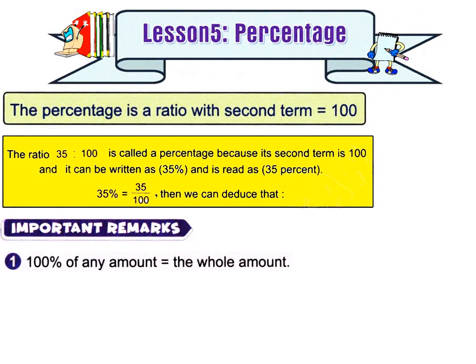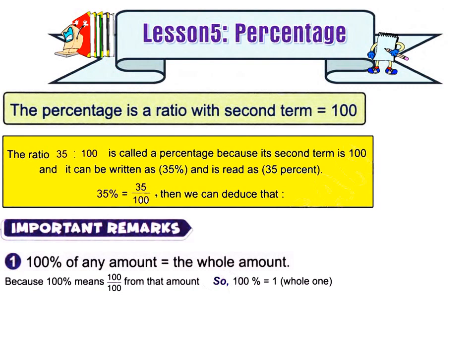The total money, the total quantity, any whole, equals 100%, which represents 100 over 100, because in any percentage the second term equals 100. So 100 divided by 100 equals 1, which represents the whole number, the whole amount, or the whole quantity.